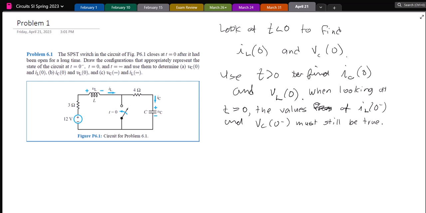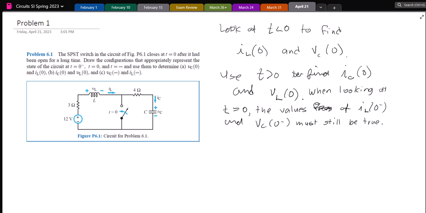So in other words, what you do is you look at it before 0, you find IL of 0 and VC of 0. You've got those. Now you look at, okay, now I'm closing the switch, but you know those two values that you found, those are still true. So you can fill those in and then find the other stuff. And then infinity is going to be something different. So that's what we're going to do here.